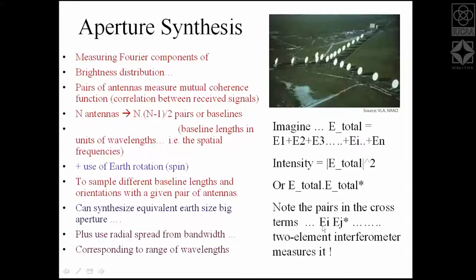Cross terms which are multiplication of Ei times Ej star, i running from 1 to n and j running from 1 to n. Essentially, you will find that the measurement that you wanted to do can be expressed in terms of a sum of pairwise products of electric fields received by different pieces of antennas.